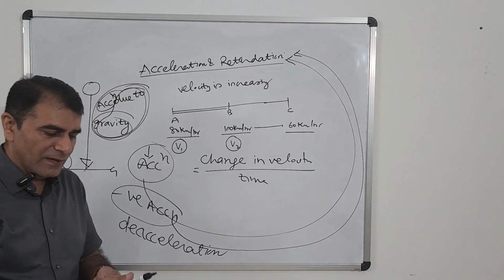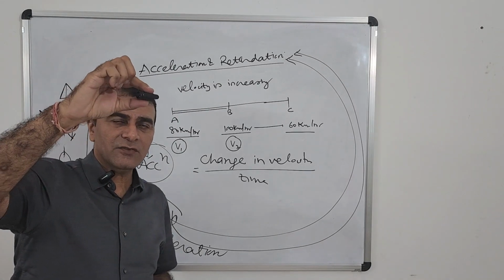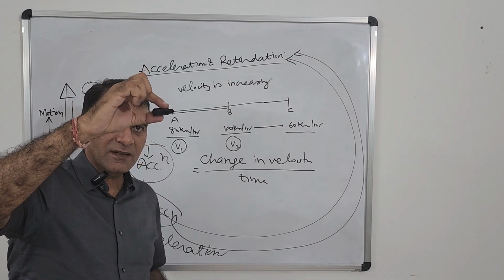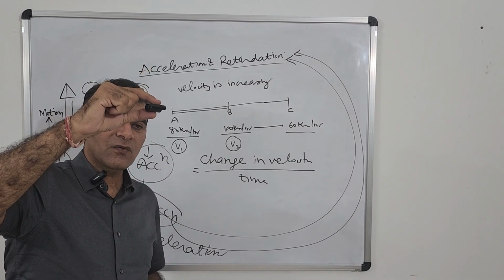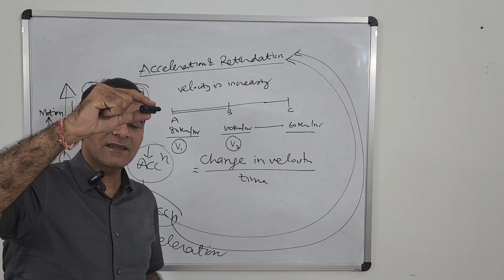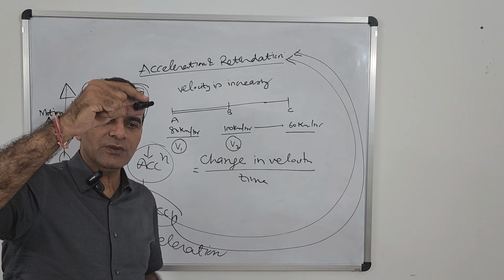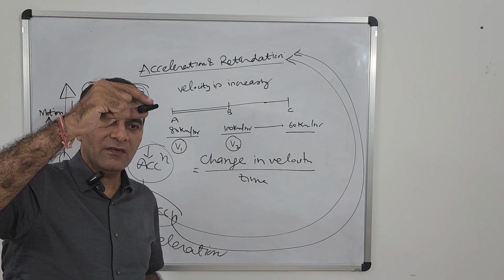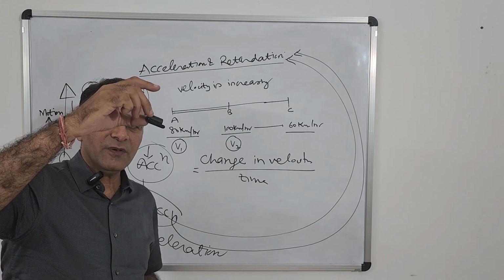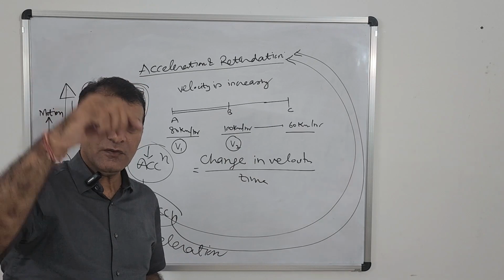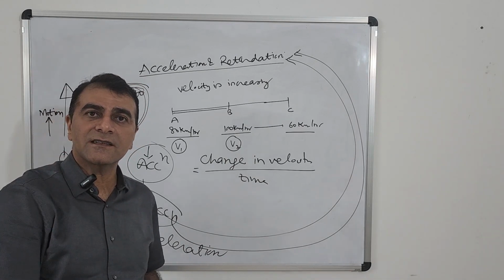Now okay, I have a pen, say this one, and I am throwing it. Now at this point, what is the velocity? It is at rest. It starts from rest, u equals 0, and when I just leave it, its velocity will increase until it reaches the earth.